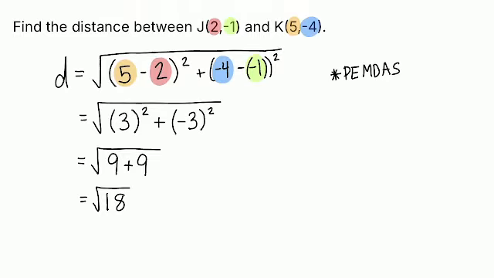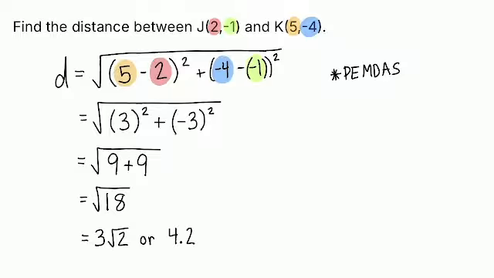If I simplify the radical for this example, I should get 3 square root of 2, or if I'm looking for the decimal, I should get 4.2. It'll be higher than 4.2. It's 4.2426, but I'm going to round to the nearest tenth. So those are going to be my answers when I find the distance formula.